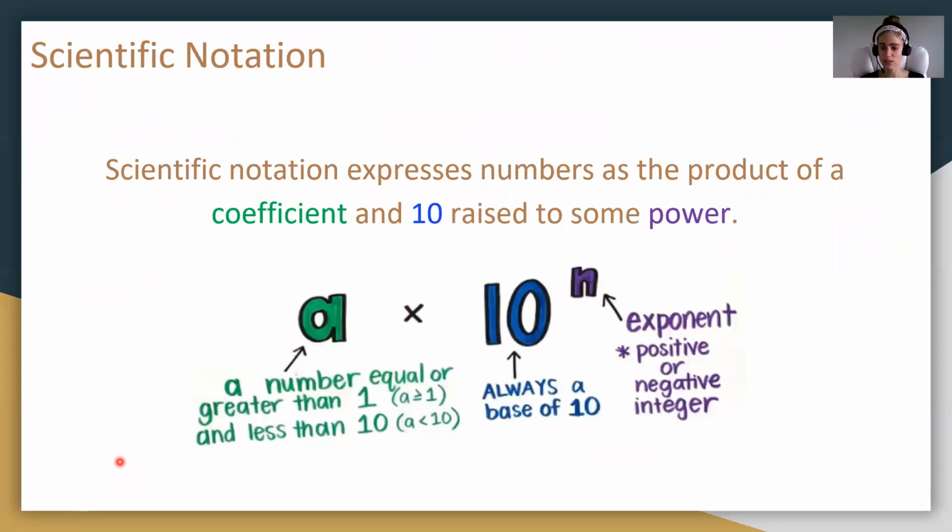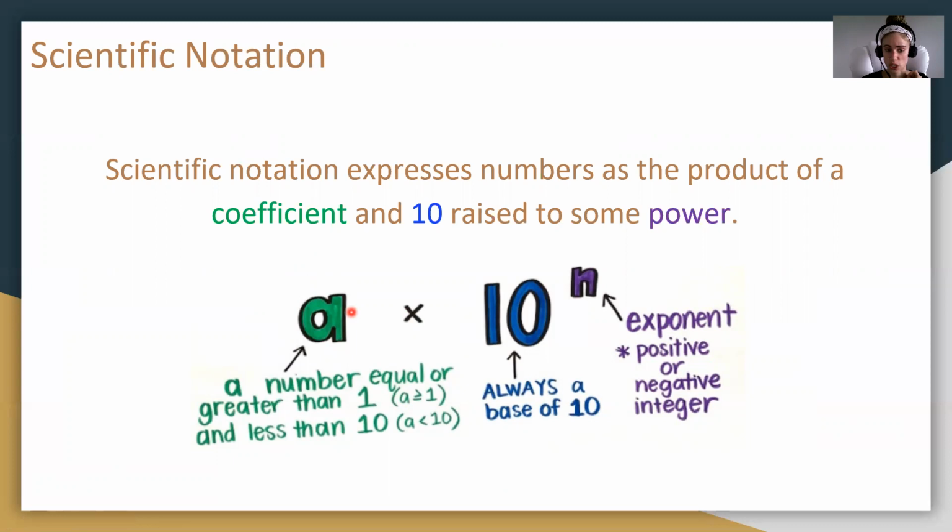All right, so this right here is what scientific notation is. Scientific notation expresses numbers as the product of a coefficient and 10 raised to some power. Our coefficient, this a, since I'm representing it with a variable, is going to be replaced with a number.